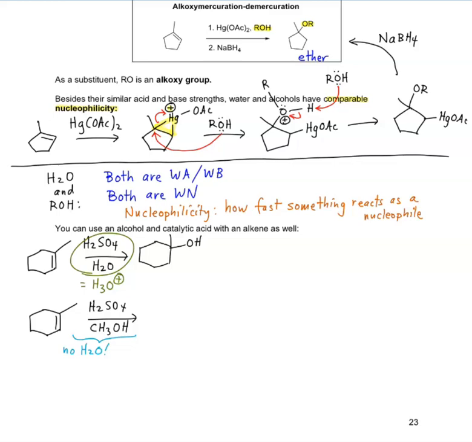Sulfuric acid and water means you have H3O+, but sulfuric acid and methanol means you have ROH2+, which in this case is protonated methanol. So what's going to happen here?